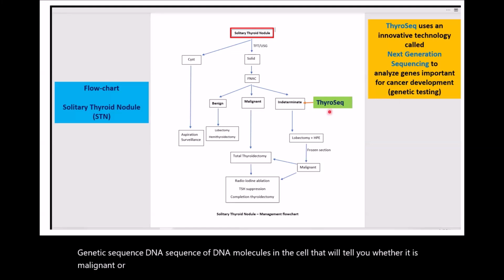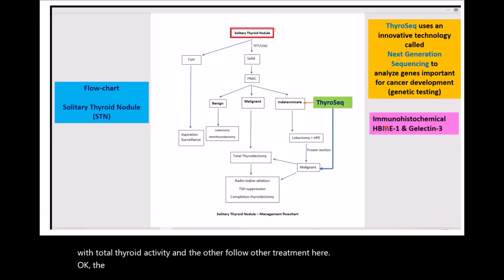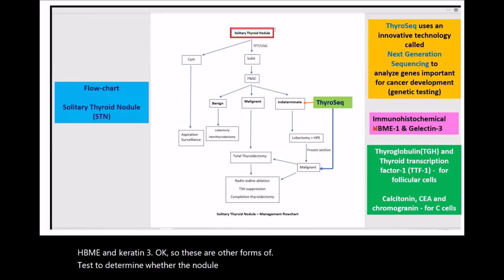If it is malignant, then there's no problem. You could treat the patient with total thyroidectomy and other treatment here. The other thing I mentioned earlier is immunohistochemistry, HBME and cytokeratin 19. So these are other forms of tests to determine whether the nodule is malignant or benign.